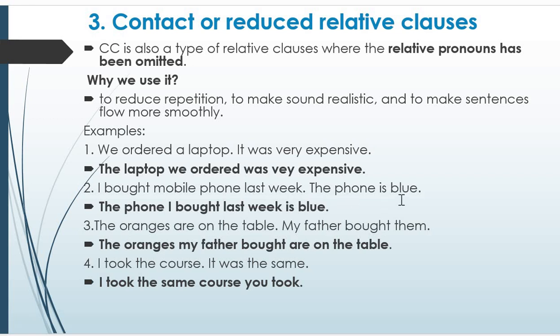The phone is blue. You can use a contact clause. The two sentences talk about the phone. The phone is the subject of the sentence. Then: the phone I bought last week is blue. So such relative clauses are also there, rather than only defining and non-defining relative clauses.